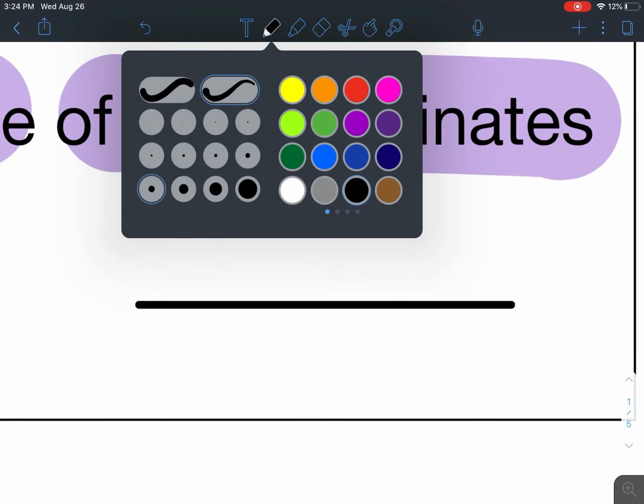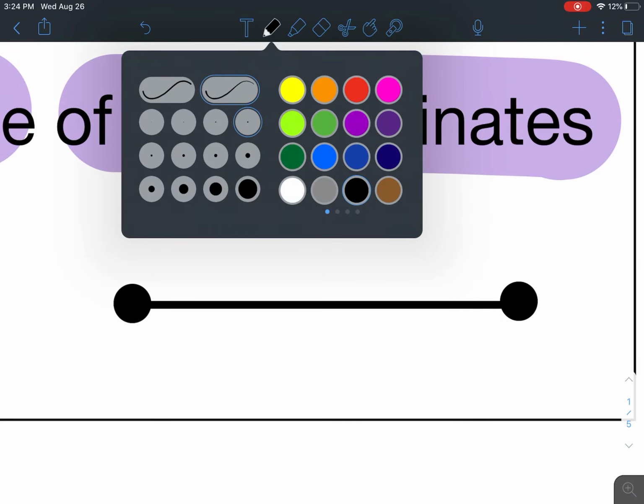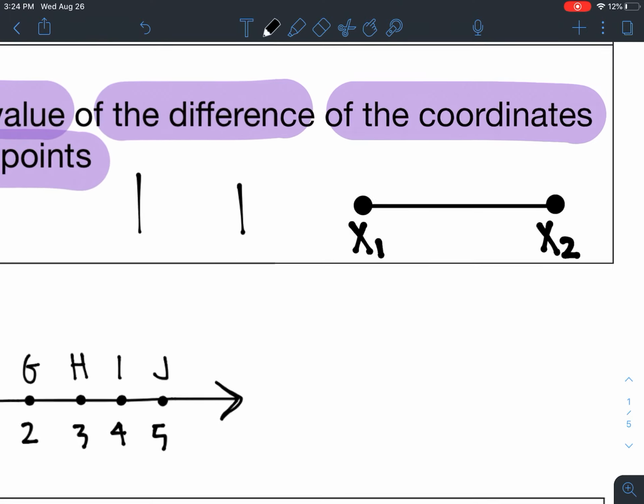Again, we're going to put those endpoints on there, but because I'm not talking about one specific example, I want to make this a general idea of the coordinates of those endpoints. So rather than using numbers, I'm going to use variables. I'm going to use x1 and x2 to represent those two coordinates.